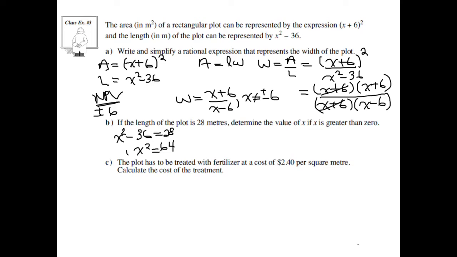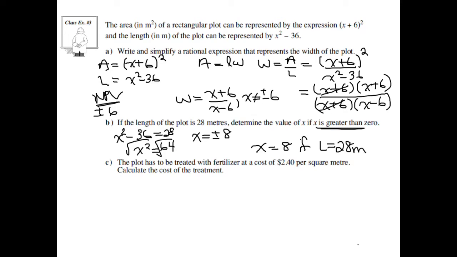Find the square root of x squared and of 64. That gives me x can equal plus or minus 8. But because x needs to be greater than 0, x is equal to 8 if length is equal to 28 meters.